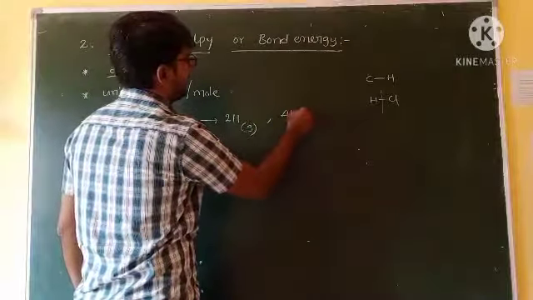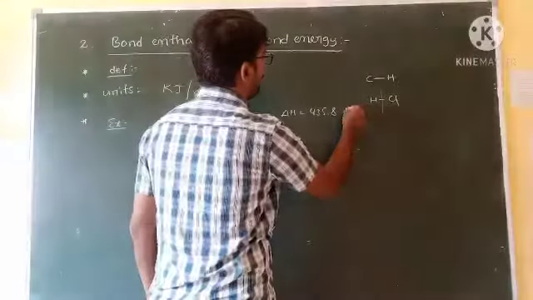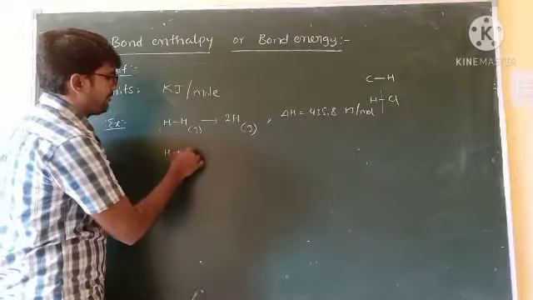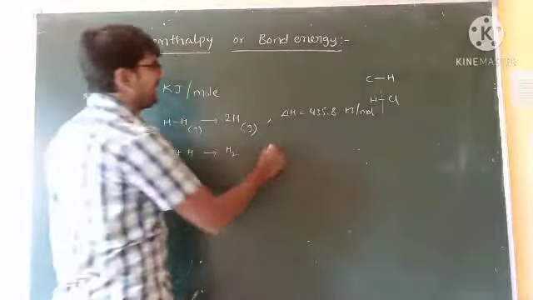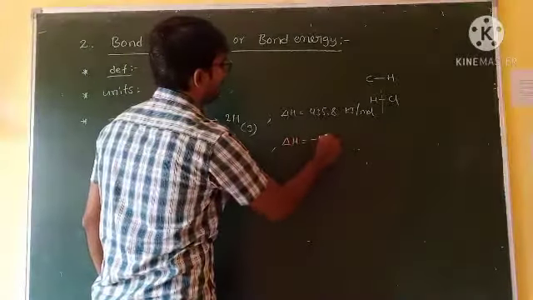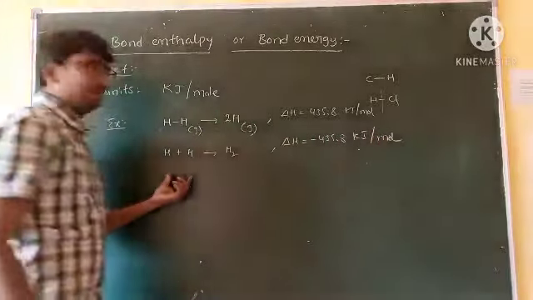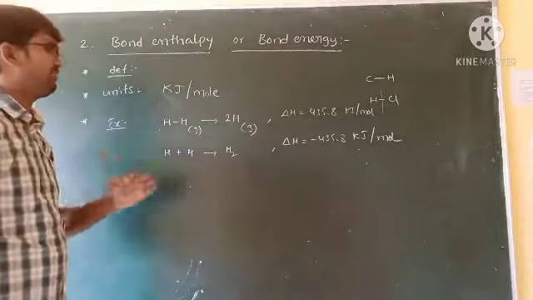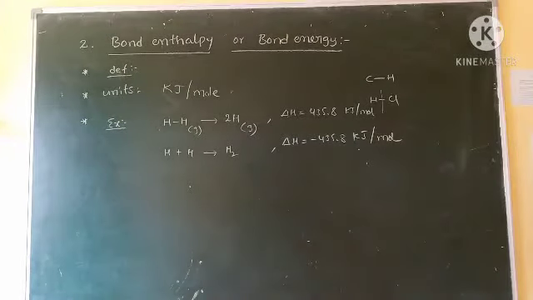That is delta H equal to 435.8 kilojoule per mole. But I already explained this one. If 2 hydrogen atoms are involved in the bonding, it gives H2 molecule. Then how much energy is released? Here it releases minus 435.8 kilojoule per mole. So in the formation, the same amount of energy that is released is required for the bond breaking.